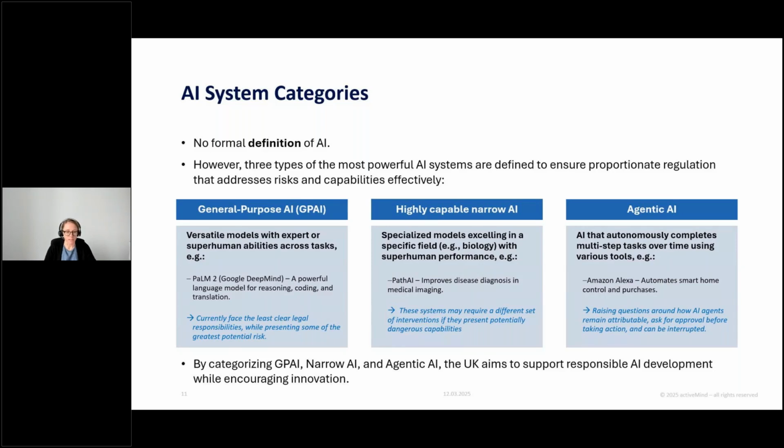So by categorizing AI systems into GPAI, narrow AI, and agentic AI, the UK aims to support responsible AI development while encouraging innovation. So as a business, you need to comply with any sector-specific regulation once introduced by those relevant regulators that are taking care of your industry sector.